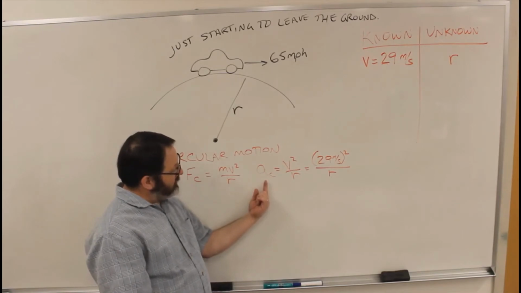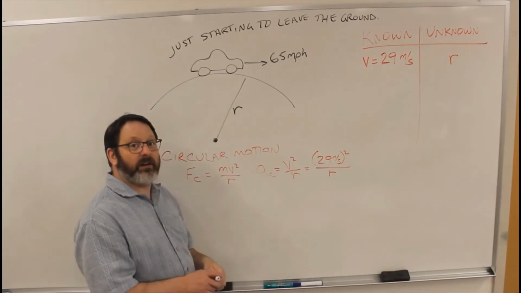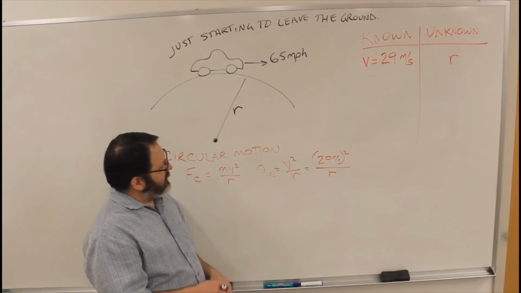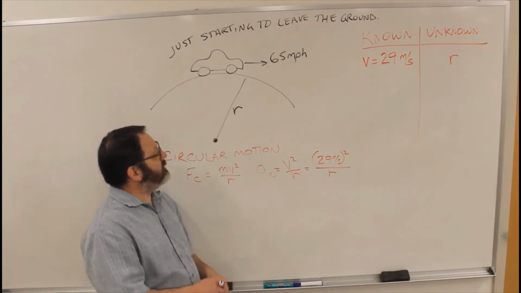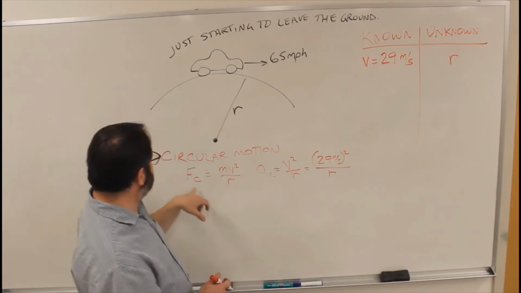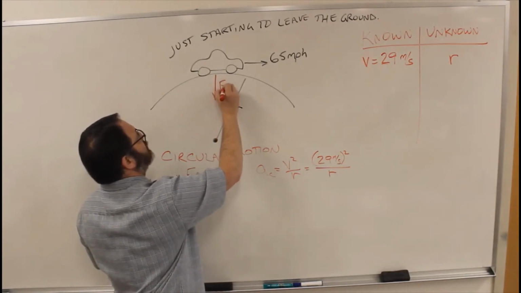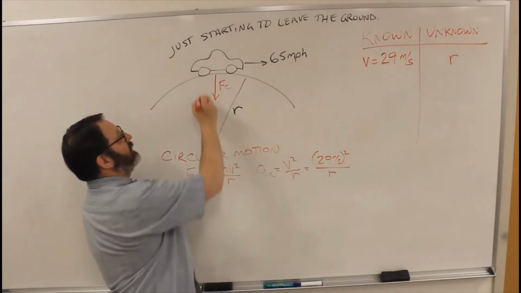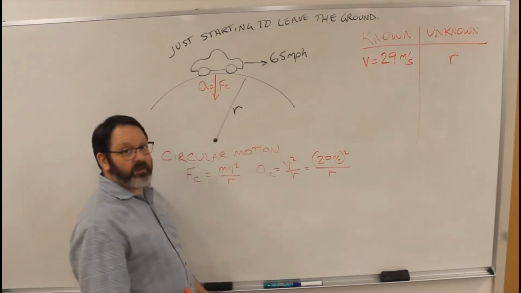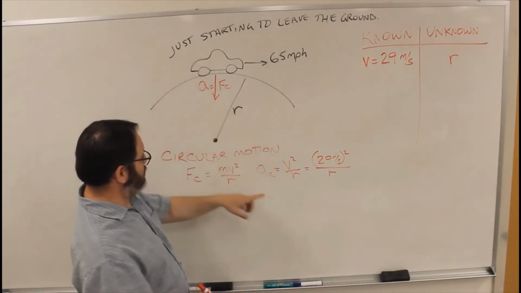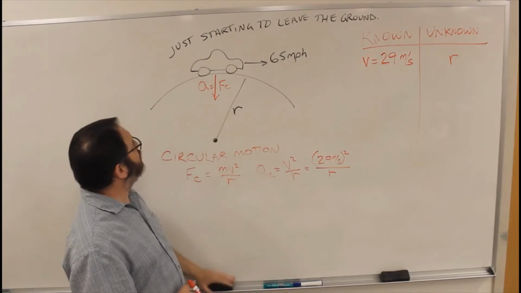If I can figure out what this a is, then I can figure out what r is. All right, how do I figure out a? Maybe I should also point out that this is the direction of centripetal force. It's also the direction of centripetal acceleration. So we know they're downward, and we know these are the values.